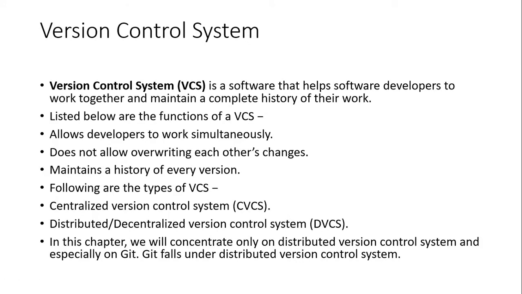What is a version control system? A version control system is software that helps software developers work together and maintain a complete history of their work, right? So they can make a history of their code, like what they did yesterday, the day before yesterday, and last week.